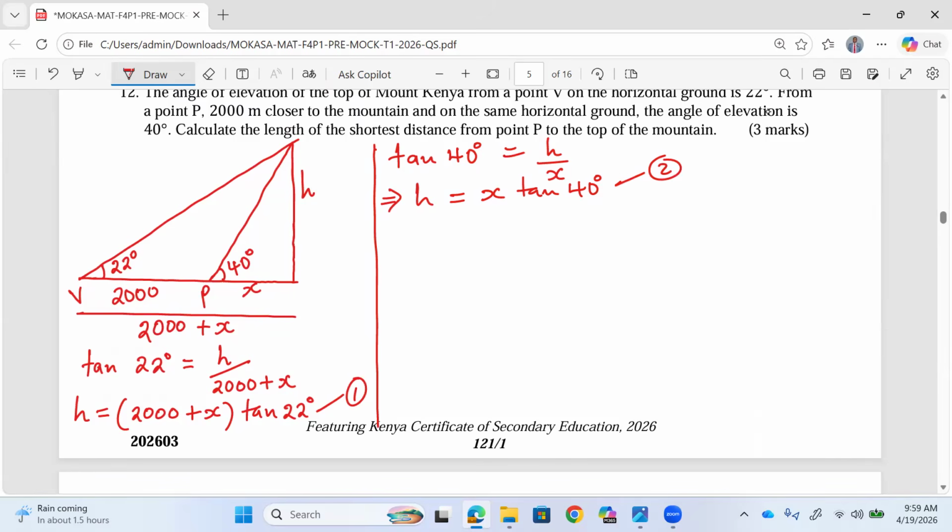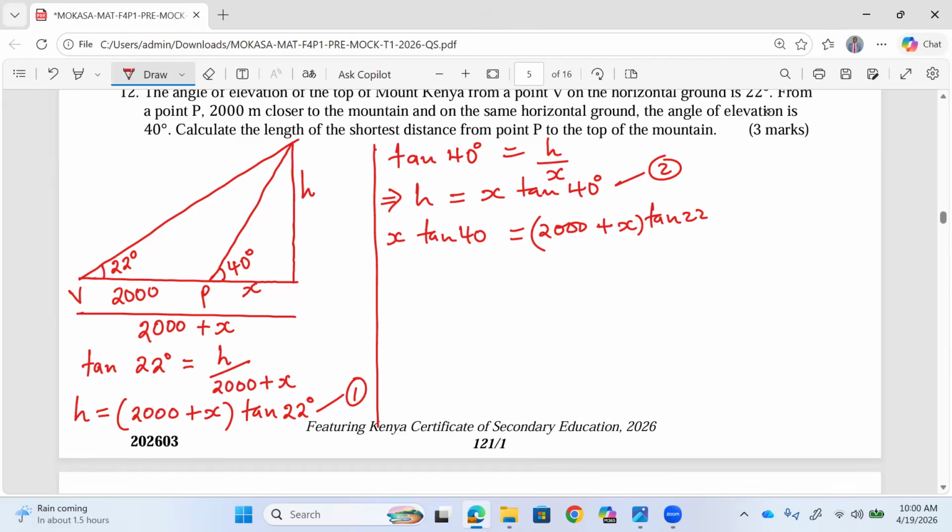So we have an expression for h and another expression for h, meaning that if the first equation gives us h, the second one is also expressing the same h, then why can't we equate the two? So we can equate the two sides now and say x tan 40 equals 2,000 plus x tan 22.